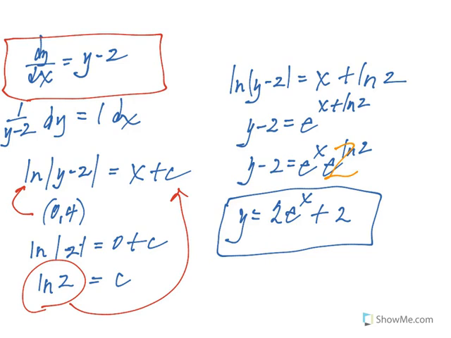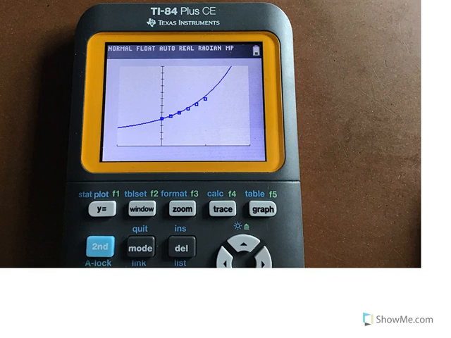If I were to plot the ordered pairs given by Euler's method and compare it to the graph of this particular solution, what you are going to see is something like this. The dots right here, I put them into stat plot.